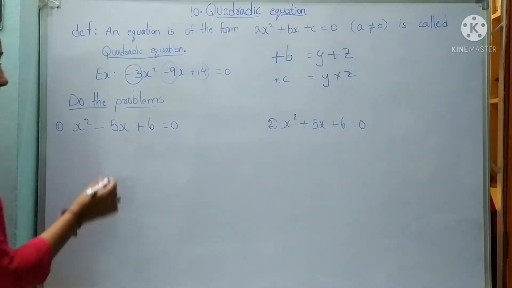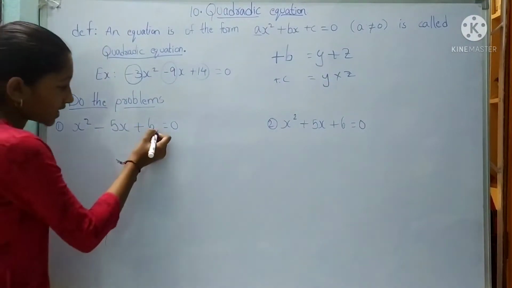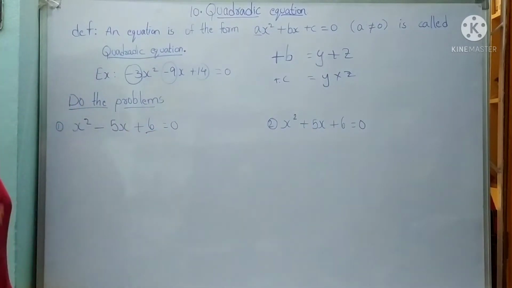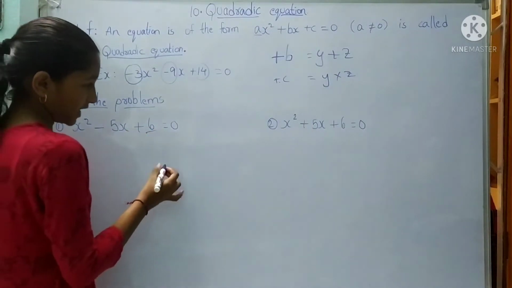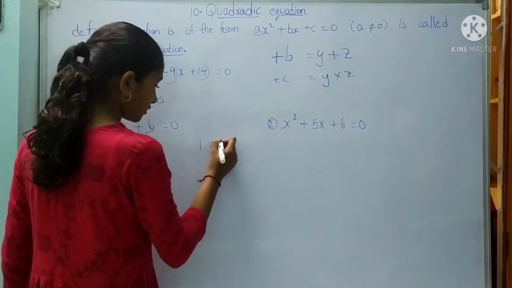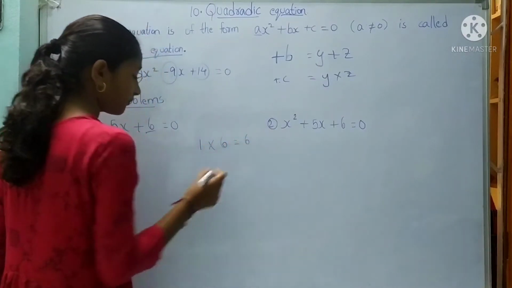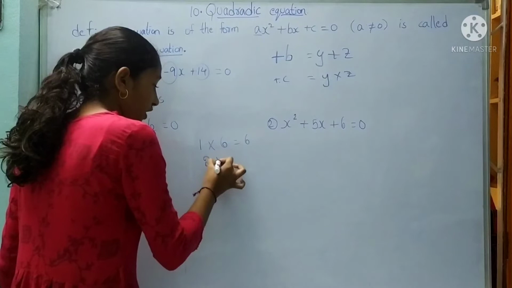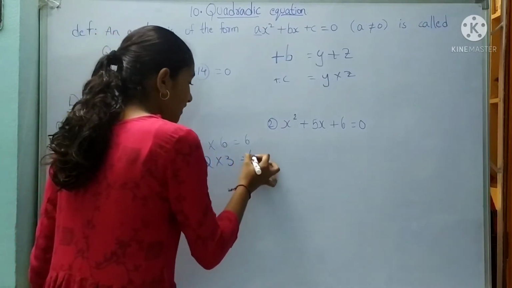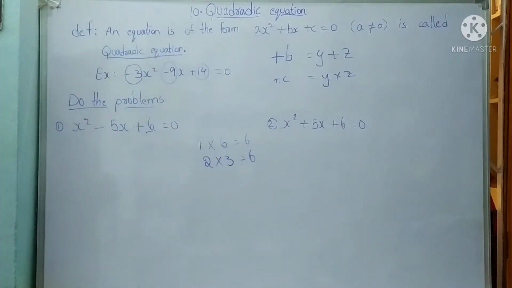So first you have to take this 6. For 6, what are the multiples? For 6, 1 into 6 is equal to 6 and 2 into 3 is equal to 6. These are the factors of 6.